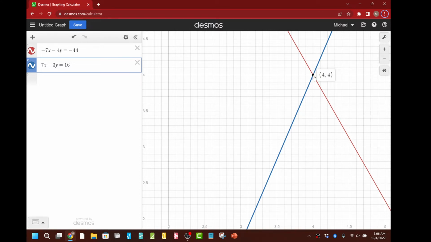If they were parallel, they would never cross and there would be no solution. If they went right over one another, that would mean they were the same line and they have infinitely many solutions. But in this case, they just cross at one point, so that they have one solution in the real number system.